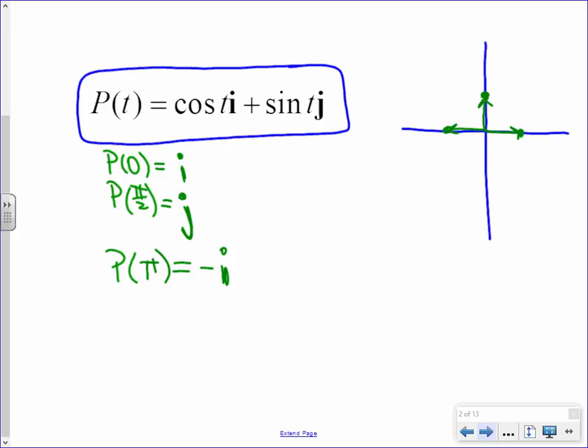And then p of 3 pi over 2 would be negative j. So our vector valued function looks like this. We're still going to graph it the same way we do parametric equations, but it is being drawn with vectors.